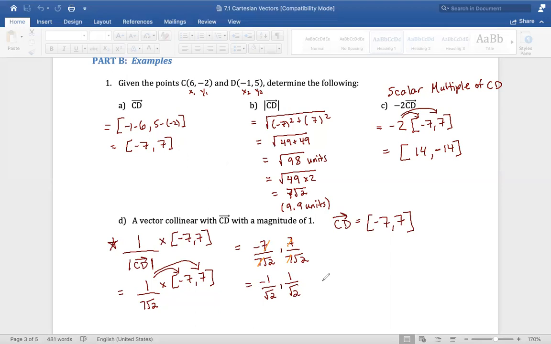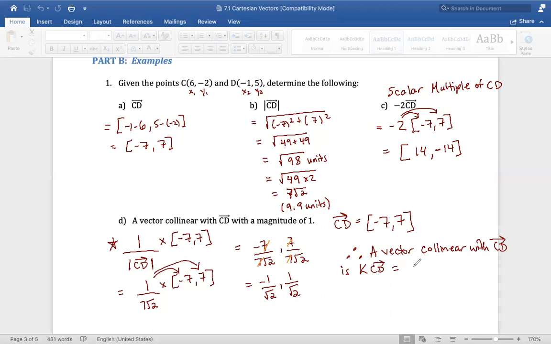Therefore, a vector that is collinear with vector CD is k, the scalar multiple, times the vector CD. So my k values are these two values.